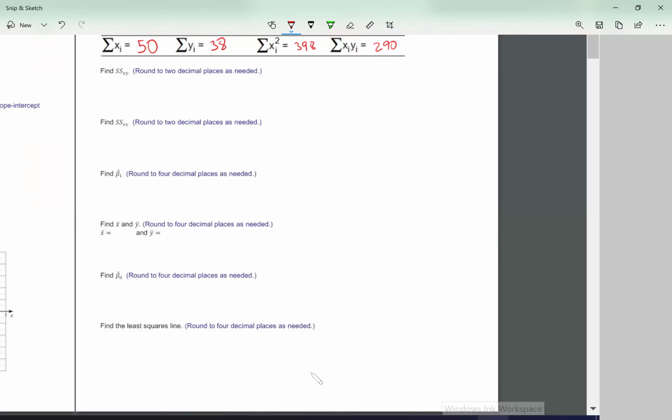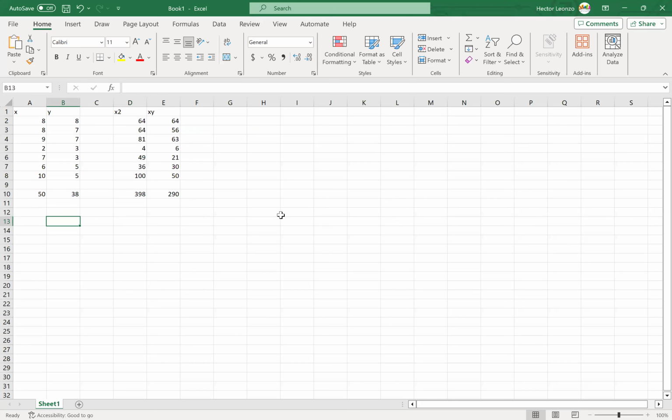So let me come back to my Excel. I like to label things. So I'm gonna go here. I'm gonna get my answers here at the bottom. First thing we have to do is the sum of the squares. I'm gonna do capital SS and then lowercase xy, the sum of the squares of xy. The funny thing is that once I press enter, it made one of my s's lowercase because it's correcting me. It thinks that I misspelled it.